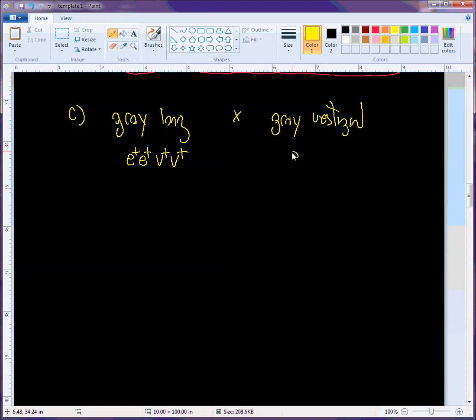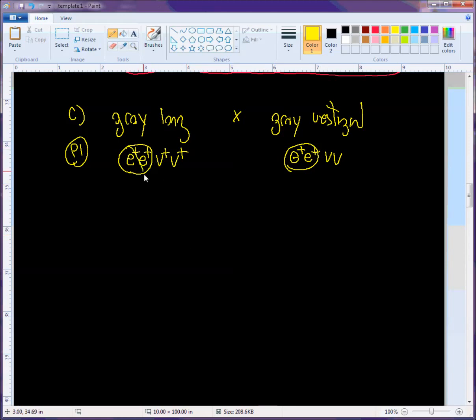And for this fly, it's going to be 2 E pluses and 2 V's. So this is the P1 generation, and you can see that both of these flies are homozygous for the body color gene. They both have 2 E plus alleles. So all of the progeny are going to have 2 E plus alleles in the F1 and the F2 generation.